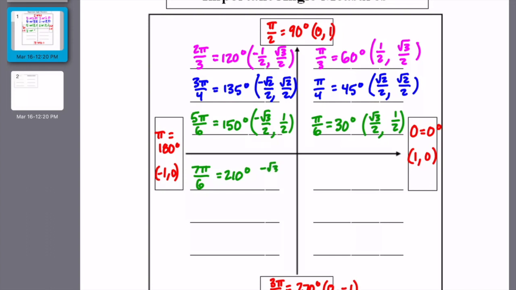So it's (-√3 over 2, -1/2). Then we get to 5 pi over 4, which is 225 degrees. Again, both x and y are negative, so we have (-√2 over 2, -√2 over 2).